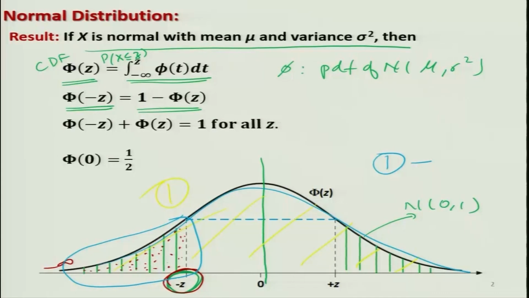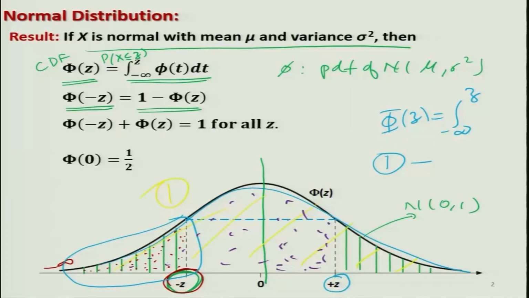What is phi of z? Plus z is going to be somewhere here, and capital phi of z is going to be the area between minus infinity and z. So, that is the area from minus infinity to this point.